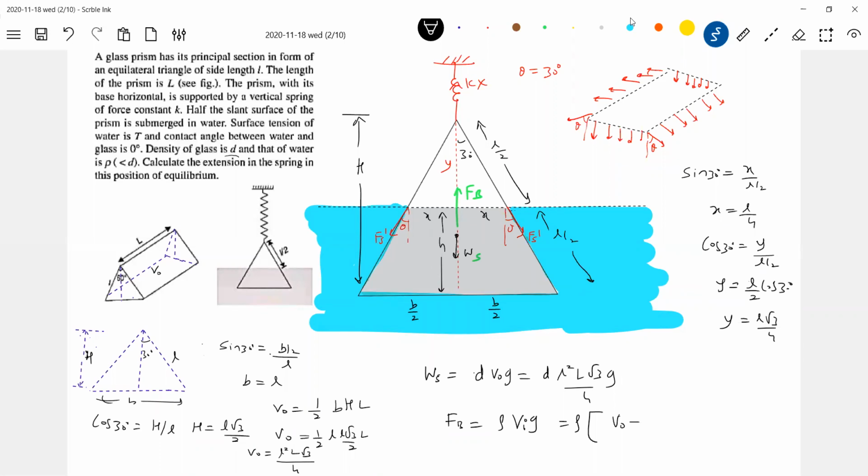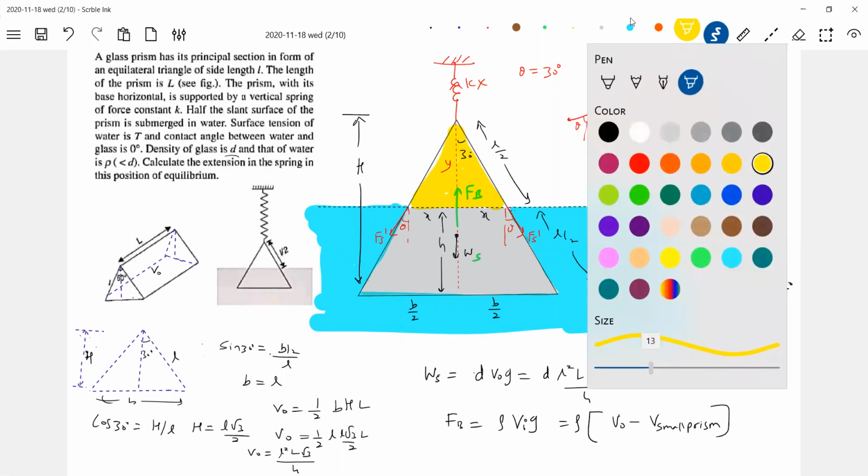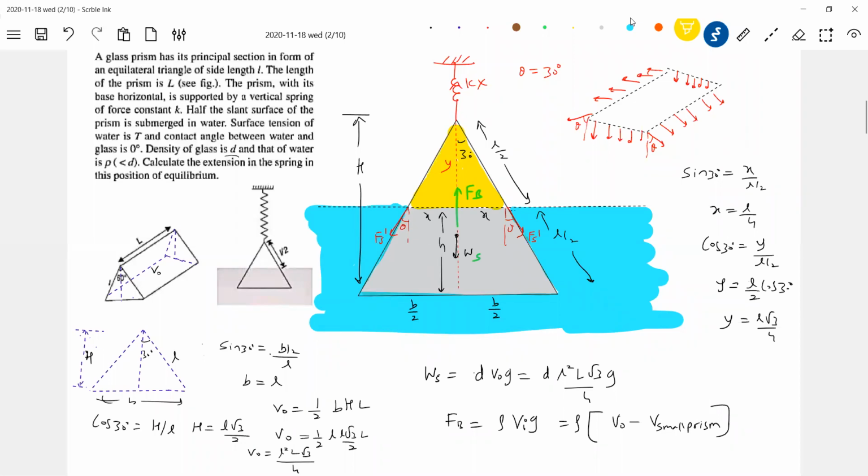What is the volume of the smaller prism? I'll put some yellow color. Now you can see this. Can you calculate the volume of that yellow color?